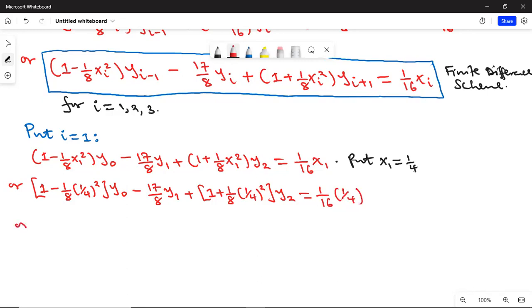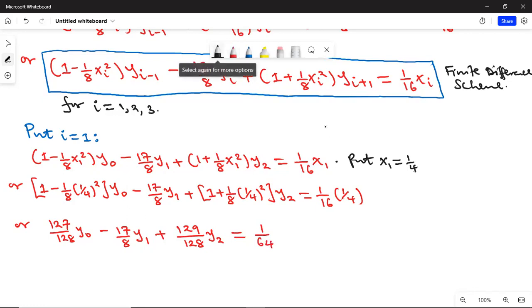And when you press this in your calculator, let us simplify this further. You need to get 127 over 128 y naught minus 17 over 8 y1 plus 129 over 128 y2. And on the right hand side we get 1 over 64.